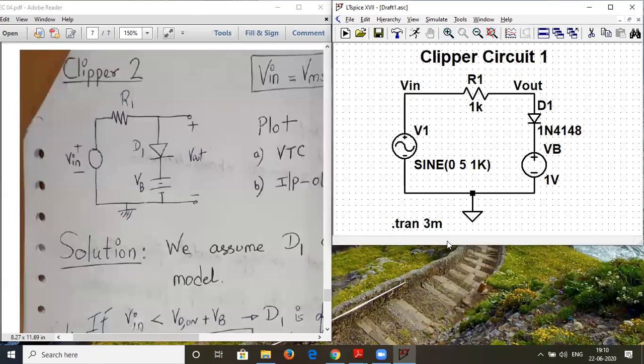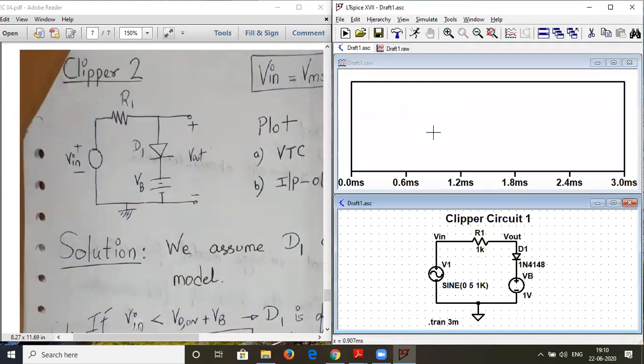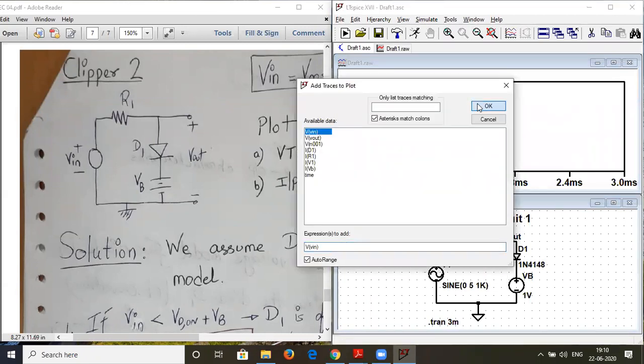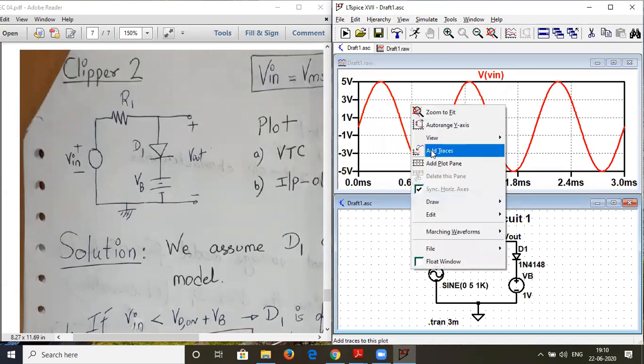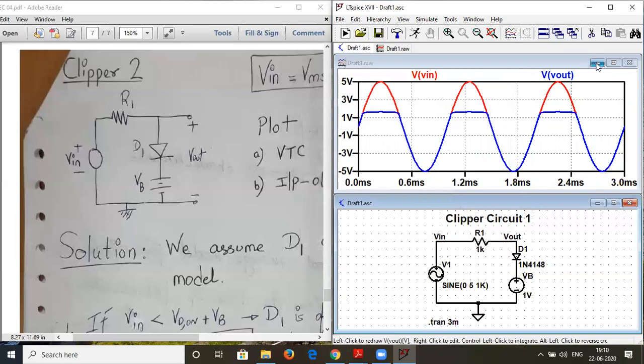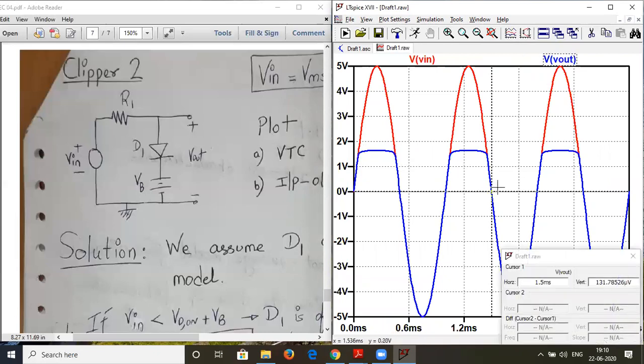And let us see what output we get. So I'll run this and I'll add trace V in and then I'll add V out. Oh, it looks the same. But hold on, this level has shifted up a little. So let us see what has happened actually. So first of all, let us calculate this level. This is around 1.634 volt.